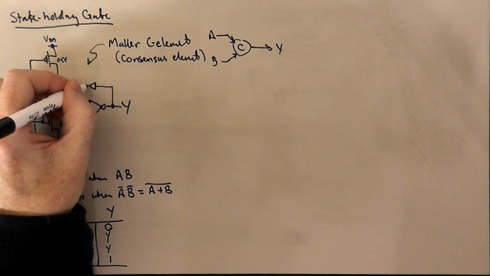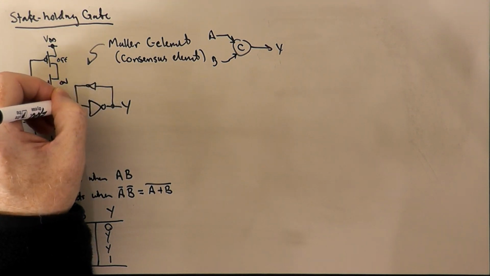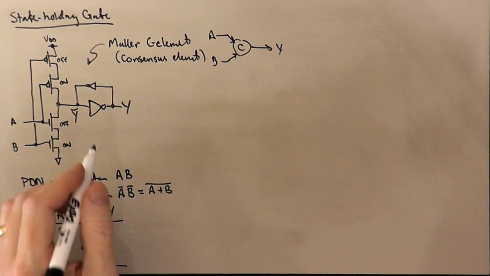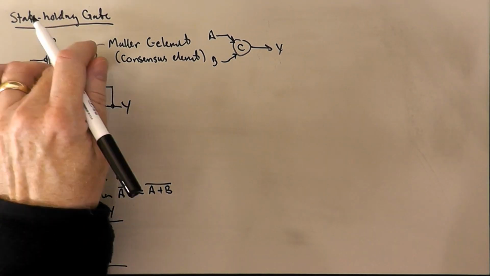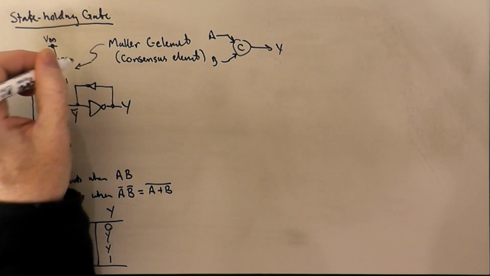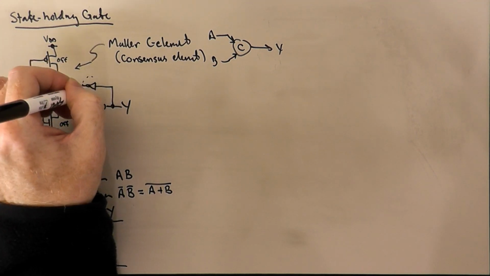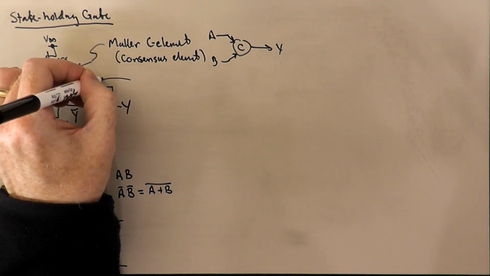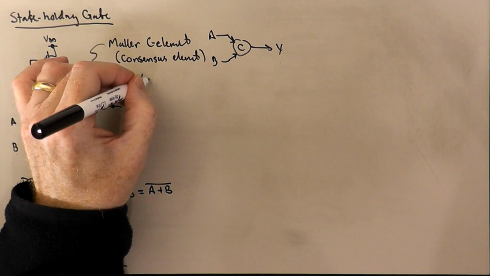which is a little feedback inverter around this inverter here. So this whole gate is called the Muller C element, and this little inverter here is called a staticizer.